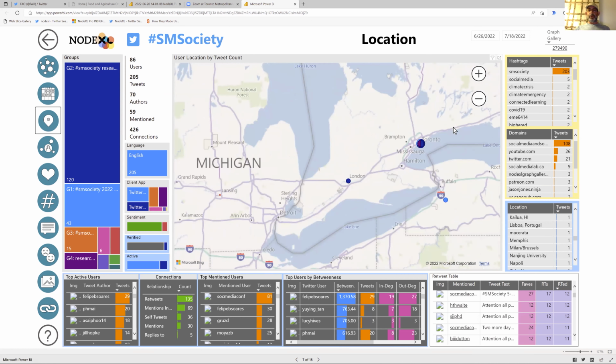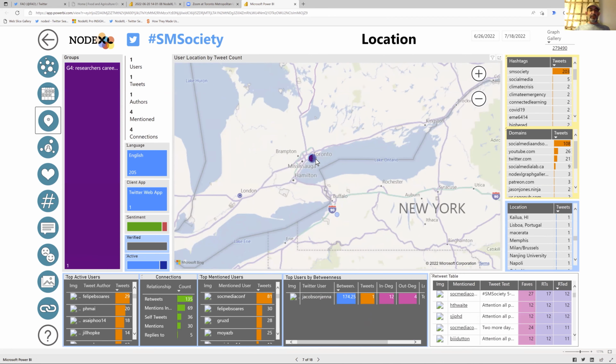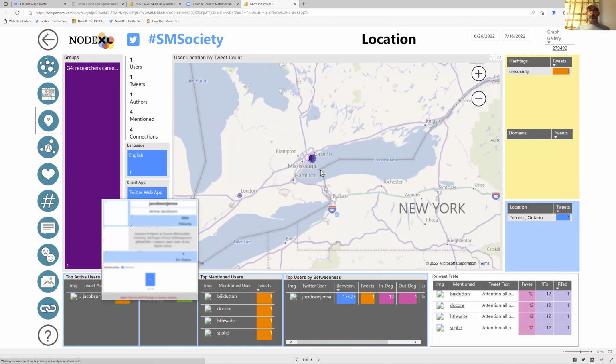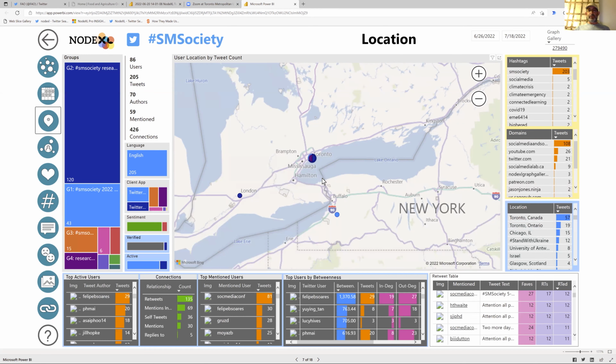And I think I know where Toronto is. You guys may be there, and we can click on these fields and see who the people in that location are, who the very influential people are. So we can switch groups. We can see that there are 2 groups in this area, and we can see who else is an influential person in that area.